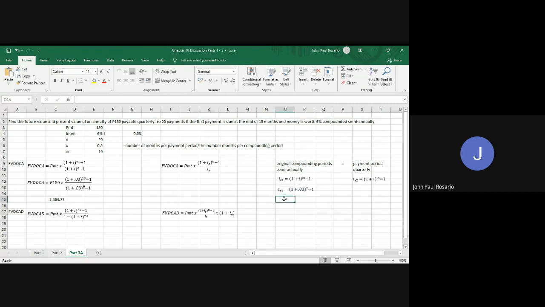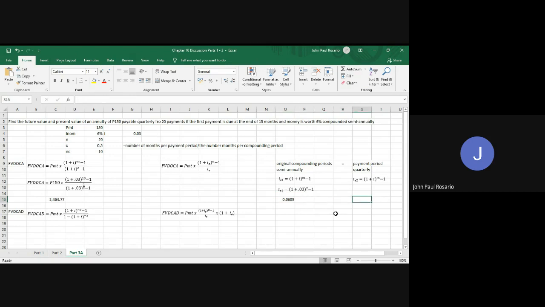So we should get 1 plus 0.03, and we raise that to 2, then we deduct 1. Okay, 0.0609. Now on your calculator, simply store this to A. So I'm pressing now shift, store A. So 0.0609 is already stored on my A button.